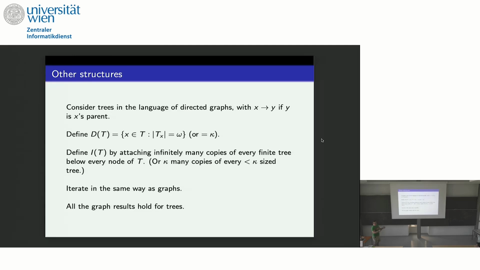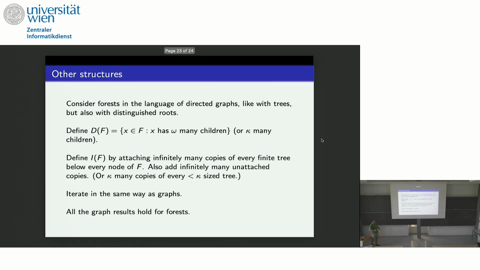Whereas I'm doing forests, I don't worry about that. But I could do descendants here, and it would also work. I'm going to do the exact same antiderivative, except I also need free-floating trees. Every finite tree needs to be free. I have free-floating copies that aren't attached to anything. Otherwise, it's the exact same antiderivative. Iterate in the exact same way as before. Everything still works.